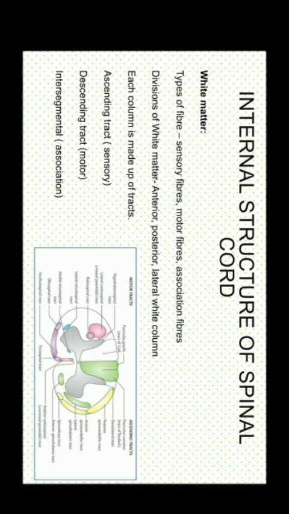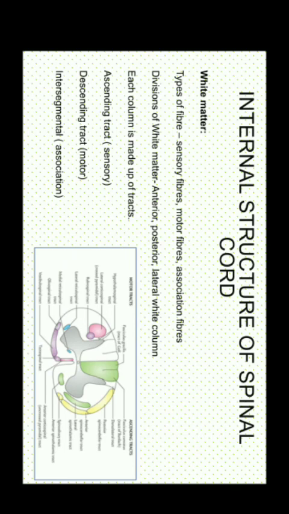So this is all about the gray matter. Basically, what we have seen is that it is an H-shaped structure having anterior and posterior horns connected by the transverse gray commissure, having the central canal. The ventral horn is also called the motor horn. It has the nucleus for the motor supply, and the dorsal has the nucleus for the sensory.